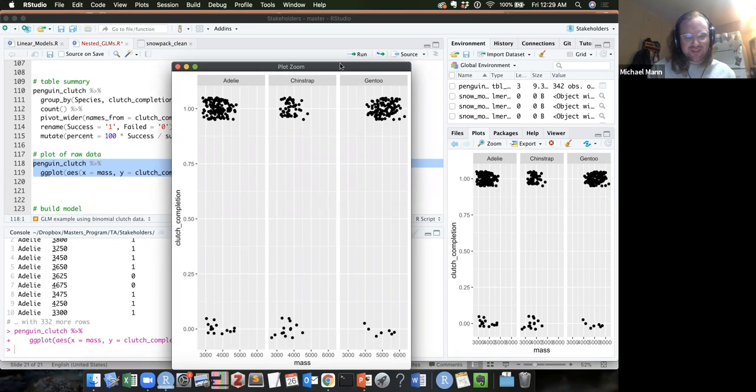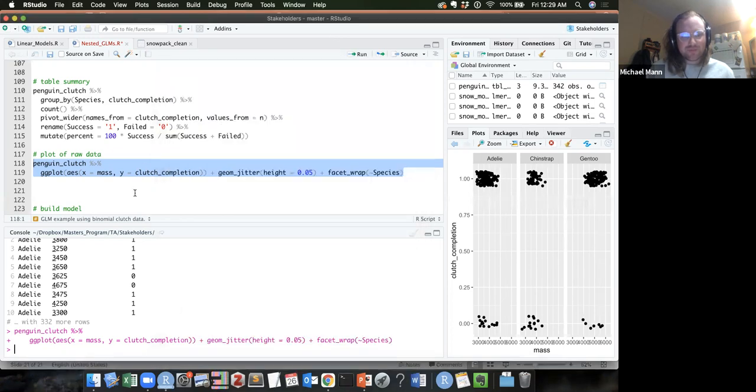It looks like the mass doesn't seem to be as important. It's hard to tell, but it looks like there's a lower success rate with the chinstrap, so there might be some significant differences across the species. I wouldn't suspect that mass would matter as much in this example.